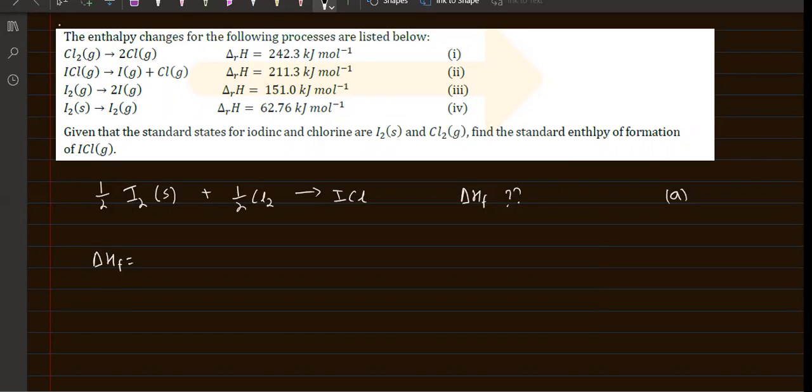I2 solid half, right? I2 solid half into 4 plus half Cl2. So half into 1, then tell me.